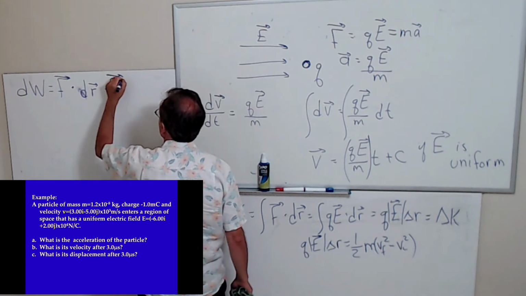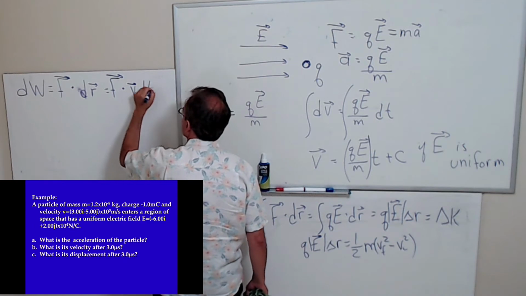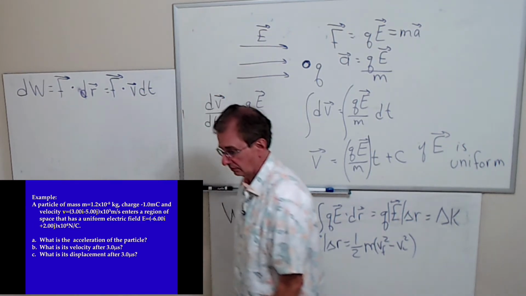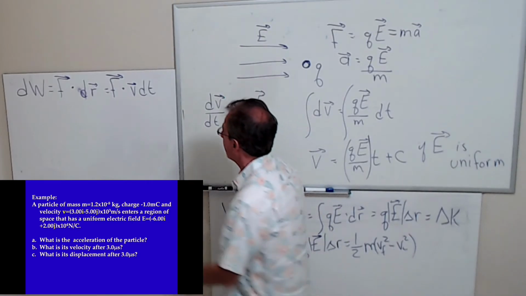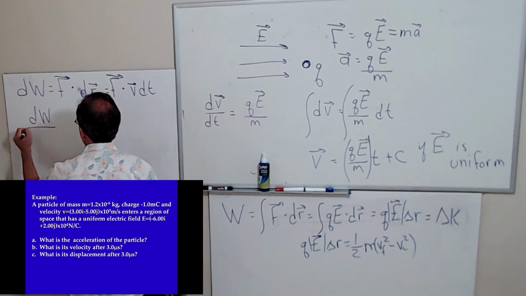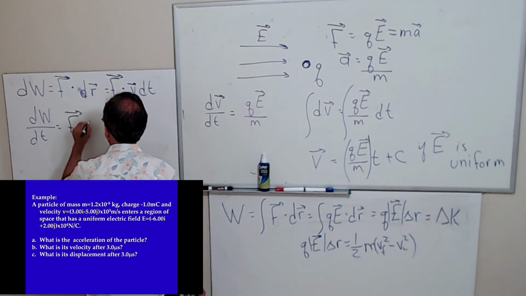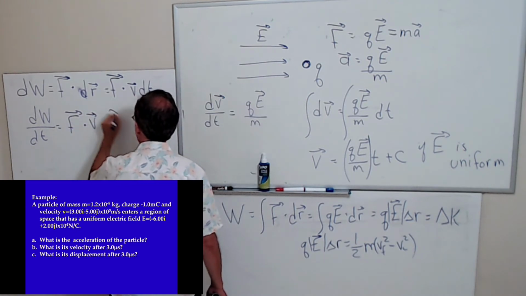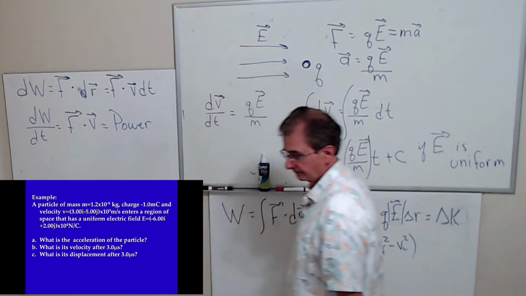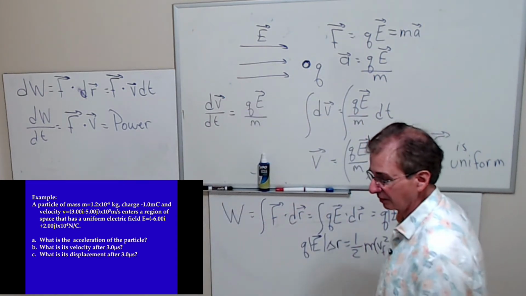The dr, I can write as the velocity at that instant times dt. Then I divide both sides by dt, and I get the power. Okay? Just to help you with the last problem.